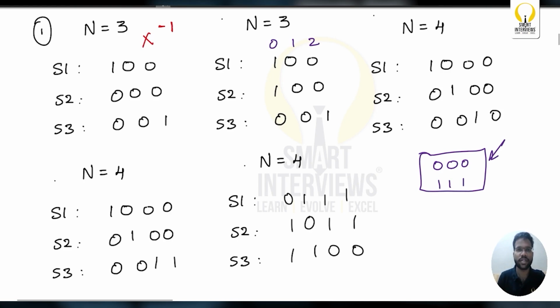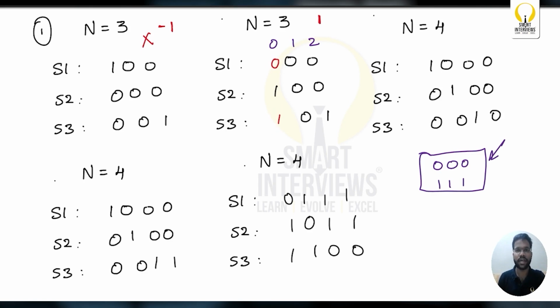I can choose the zeroth index in S1 and the zeroth index in S3, and I will simply swap the numbers. So it will be 0, it will be 1. Okay, this is one operation.